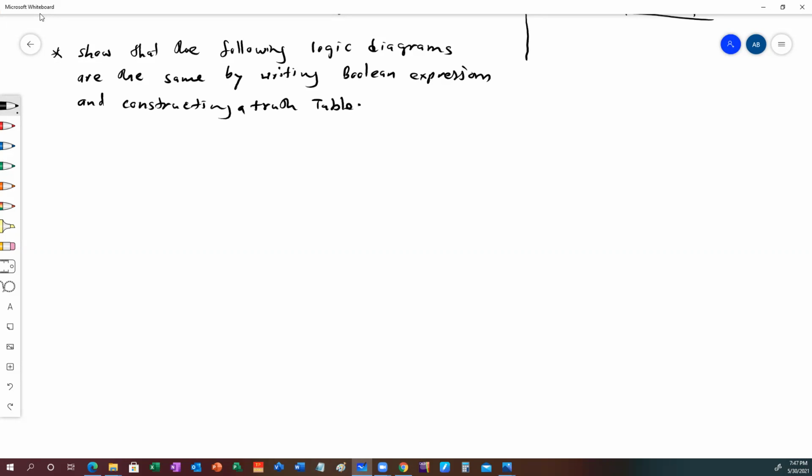Right, show that the following logic diagrams are the same by writing Boolean expressions and constructing a truth table. First one is this.